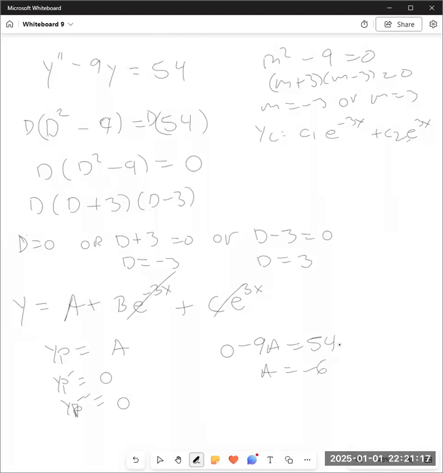And so we have y equal to -6 plus c1 e to the -3x plus c2 e to the 3x. Or you can move the yp to the end, like so. But there was no guessing involved here. So that was a very straightforward one, probably a little too simple.